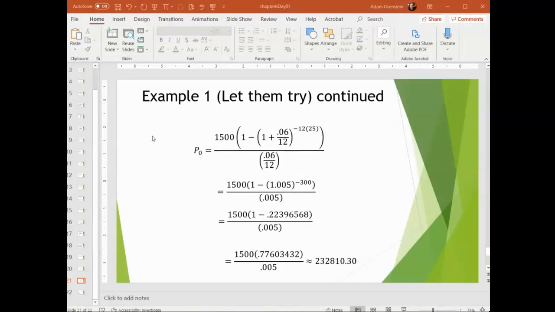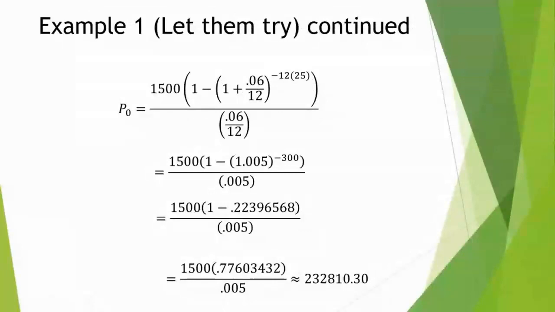So she has to have in her account $232,810.30. Well, that's what she has to have in order to be able to take a monthly withdrawal of $1,500 for 25 years. Now, that's the formula.